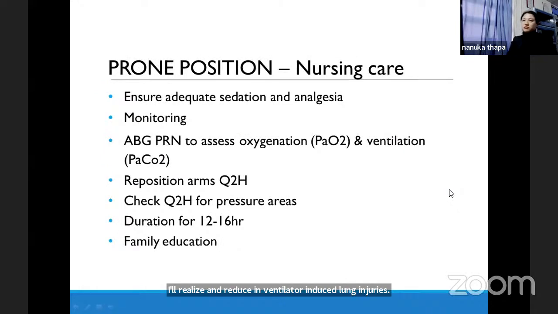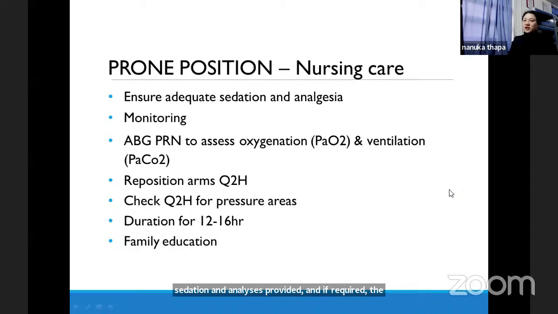Prone positioning, these are the nursing care points. Before putting a patient prone, we have to ensure that adequate sedation and analgesia is provided, and if required, muscle relaxant can be given, and then monitoring.